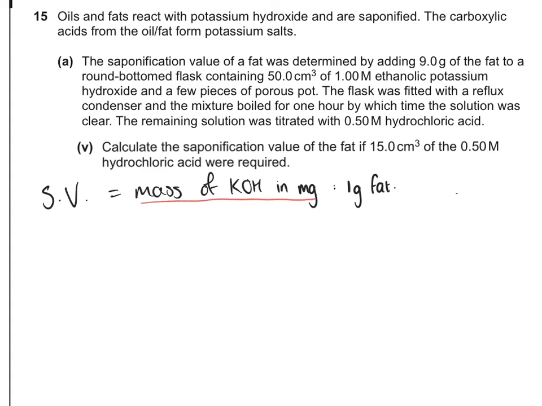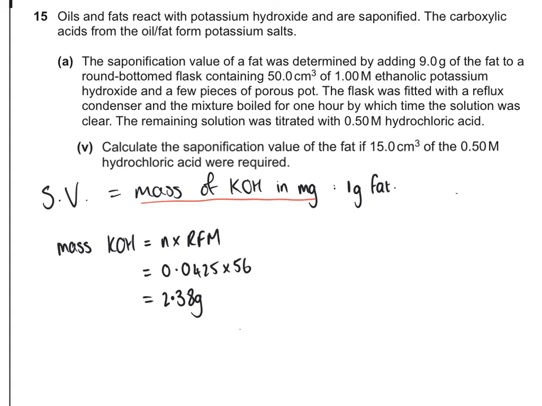So mass of potassium hydroxide is number of moles times your RFM. The number of moles of reacted potassium hydroxide was 0.0425. RFM is 56, and that gives us a mass of 2.38 grams. That's in grams, and from my definition I need it in milligrams, so I just times by 1,000, and that gets me 2,380 milligrams.